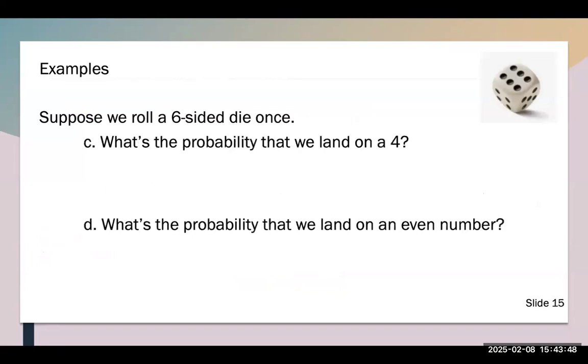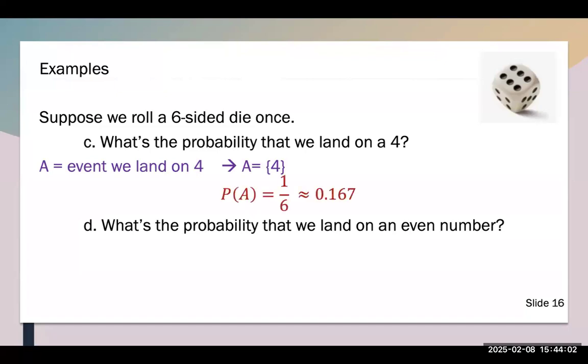Now, if we roll a 6-sided die once, what's the probability that we land on a 4? If we allow A to be the event we land on a 4, there's only one way to do it. And so the probability is 1 out of 6. And if you put that in the calculator, it's about 0.167.